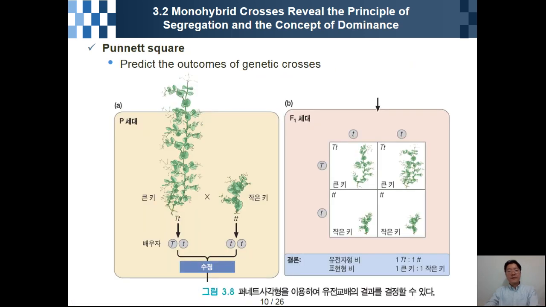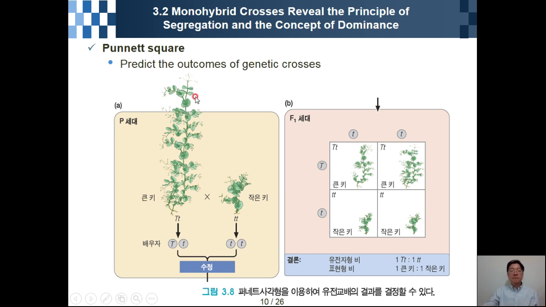Okay. Next, to explain Mendel's principle of segregation again, we have to understand the Punnett square. If we use the Punnett square, we can predict the outcome of genetic crosses. What is a Punnett square? This is a Punnett square.